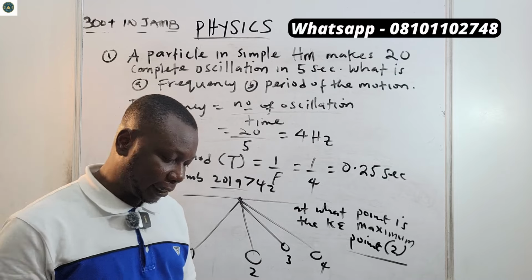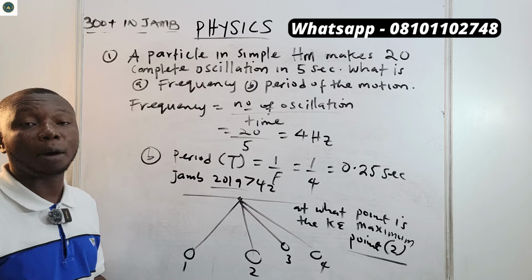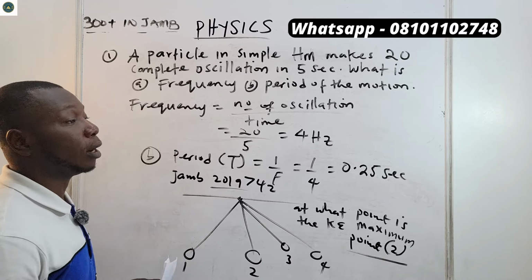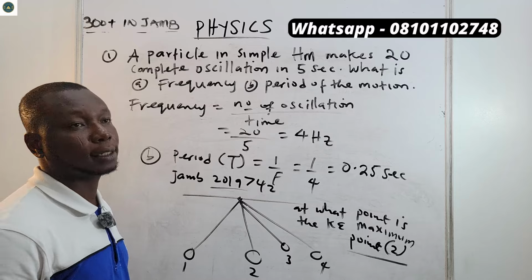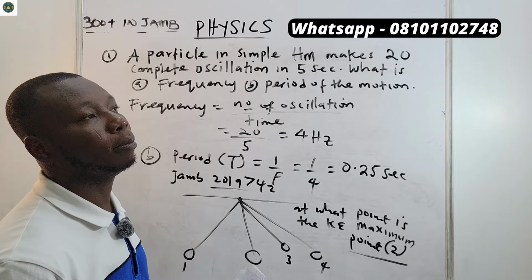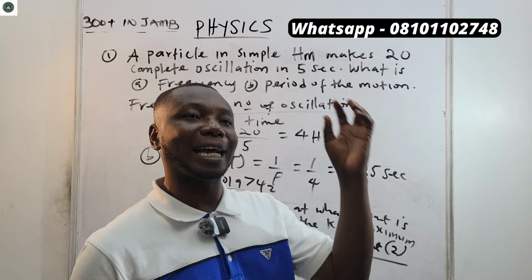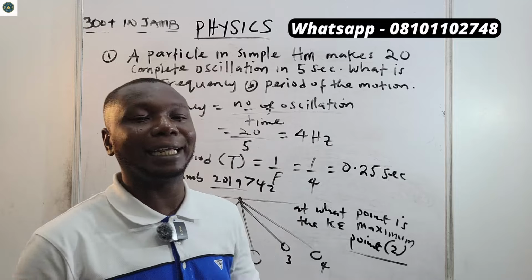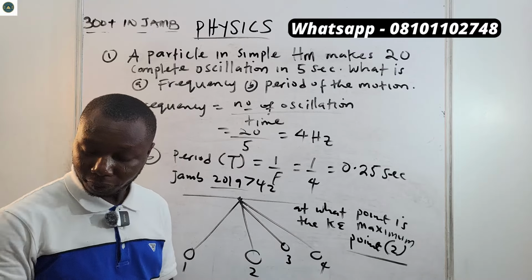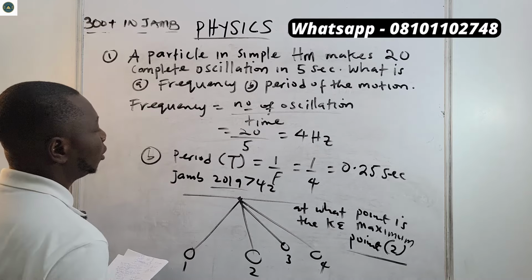As I've earlier said, a body is said to be in a linear simple harmonic motion when it moves to and fro along a straight line. But if the body is moving around the circumference of a circle or around its axis, that means it's performing angular simple harmonic motion.